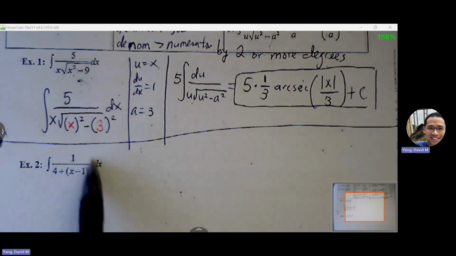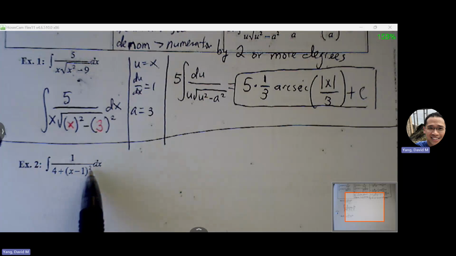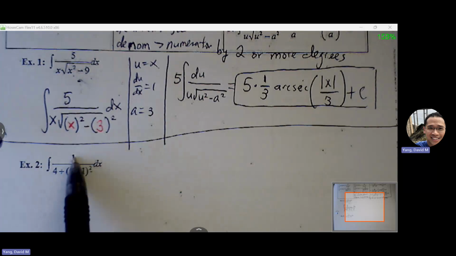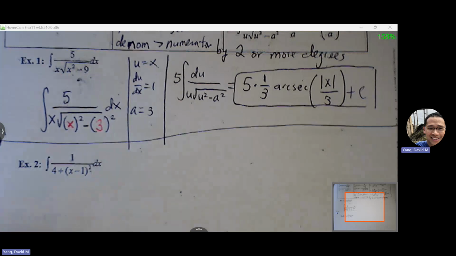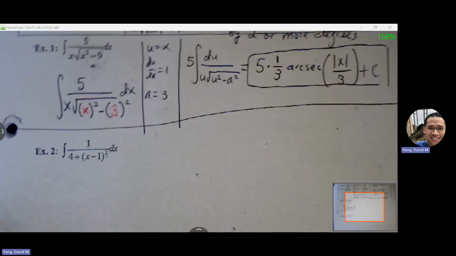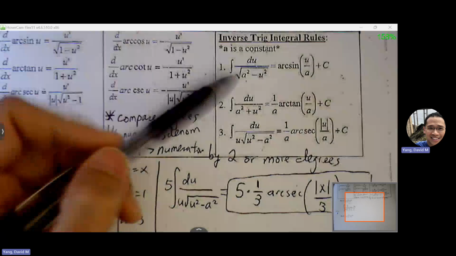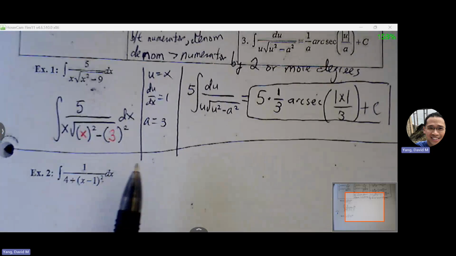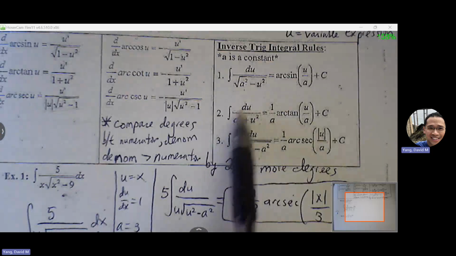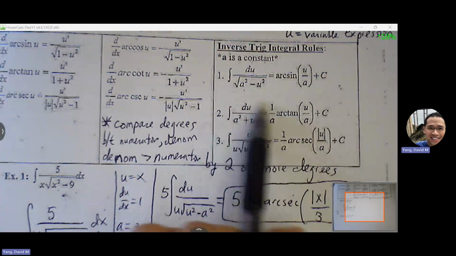The giveaway here is this is going to be an arc trig because there's a degree 2 below and there's degree 0. There's a gap of 2 or more with a denominator holding the higher degree. So we're going to look at one of our arc trig options, and this is the only one without the square roots, so we know we're targeting that arctangent.